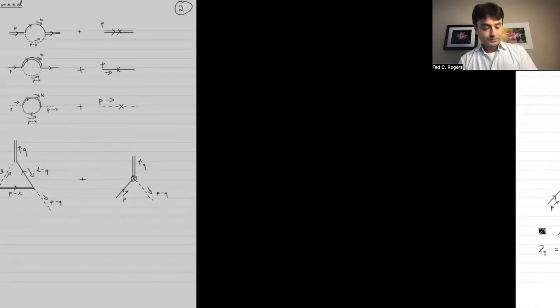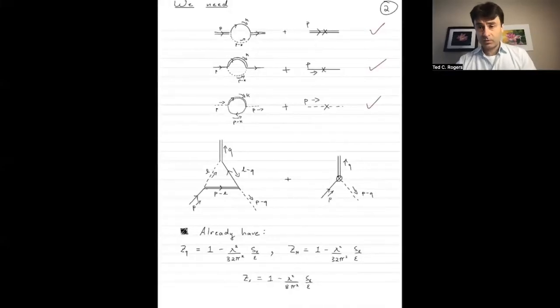Now, we've already gone through, at least to some extent in previous lectures, how to calculate the wave function renormalization factors here. And so I'm not going to repeat that here, but we're going to have to use them in just a bit. So I'm going to write them down here for you.